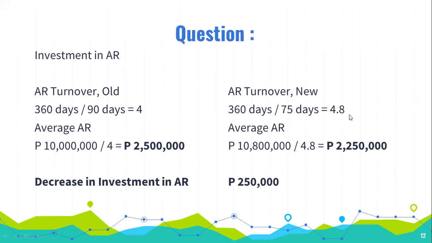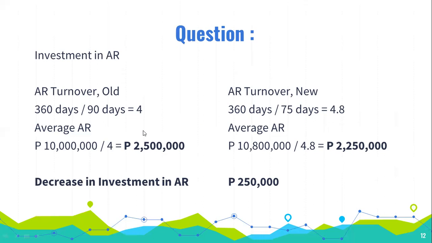The accounts receivable turnover in the new policy is 4.8. As you can observe, in the new policy, accounts receivable turnover increased because the collection period decreased to 75 days. It means that the company can collect cash sooner than in the old policy.